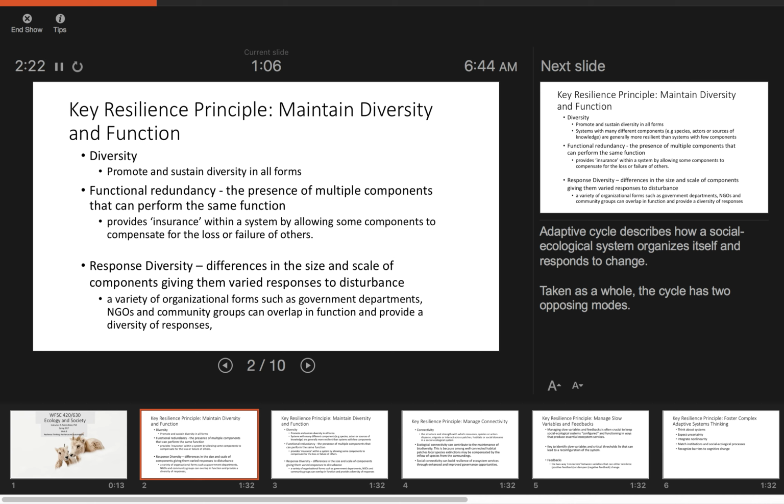Response diversity, that differences in size and scale of components of systems give them the ability to respond differently to disturbance. So that's a form of redundancy that allows higher levels of resilience because, although certain components may serve the same function, if they're different species or different size, different scale, they respond differently.